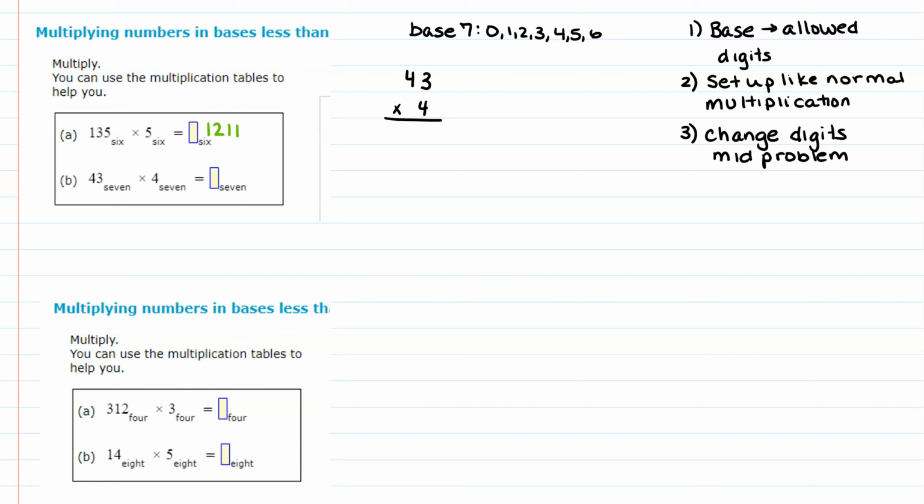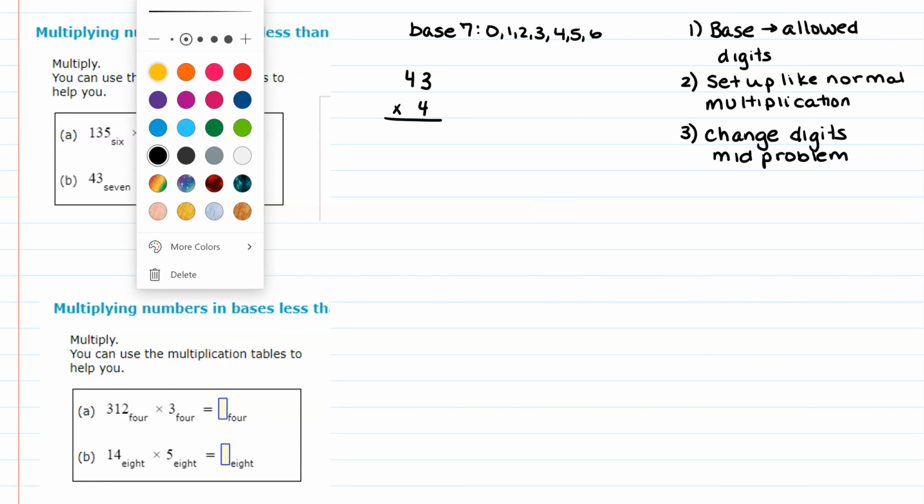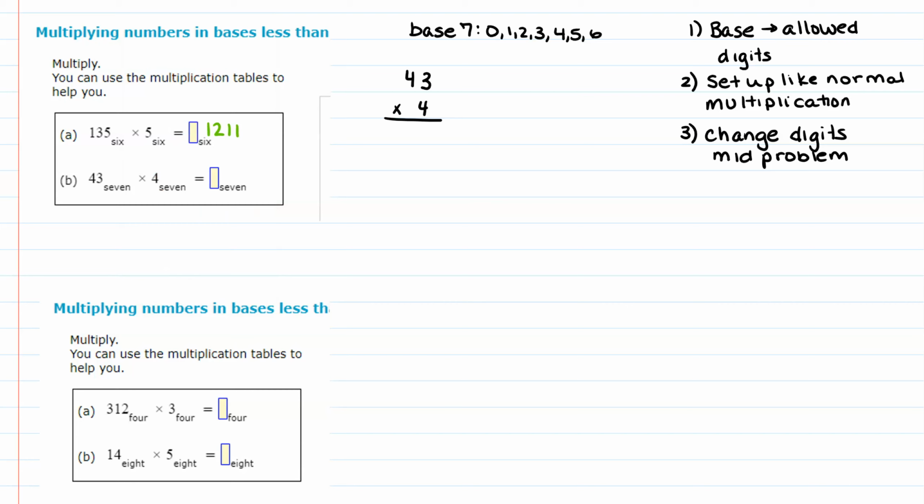Okay, so we're going to do regular old multiplication, and then we're going to switch it to base 7. So 4 times 3 in base 10 is 12. But 12 is not allowed. So we're going to convert 12 into base 7 by doing 12 divided by 7 is 1 remainder 5.